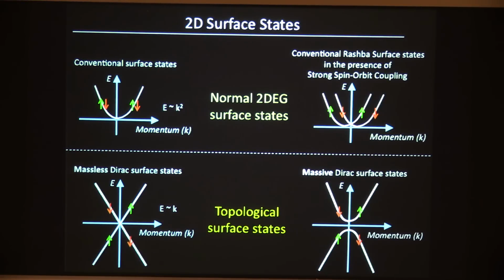Now, the difference between these two scenarios and topological surface states is that, of course, one is that you have linear dispersion, but the other is that at any given energy and momentum, you have just one electron. And that electron has a certain spin. It's a chiral electron, meaning its spin is locked with its momentum.